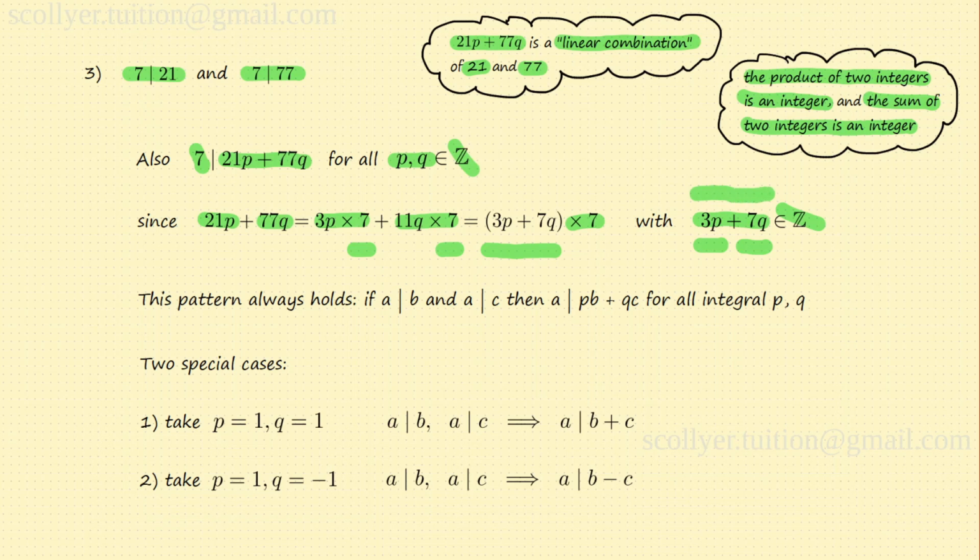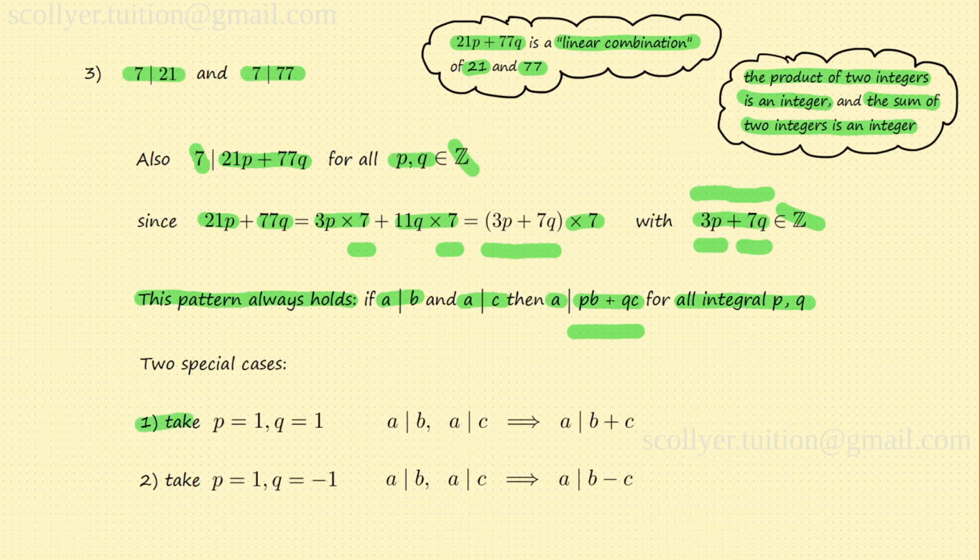And of course, this doesn't just work for the numbers 7, 21, and 77. This pattern always holds. If a divides b and a divides c, then a divides any linear combination of b and c, i.e. it divides pb plus qc for all integral p and q. And there are two important special cases.